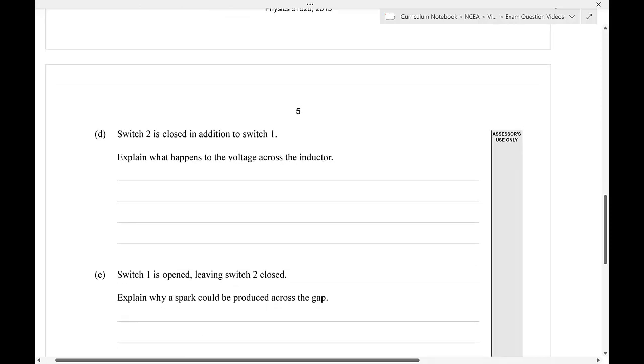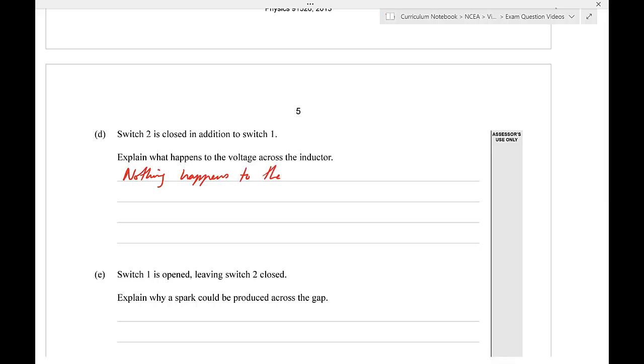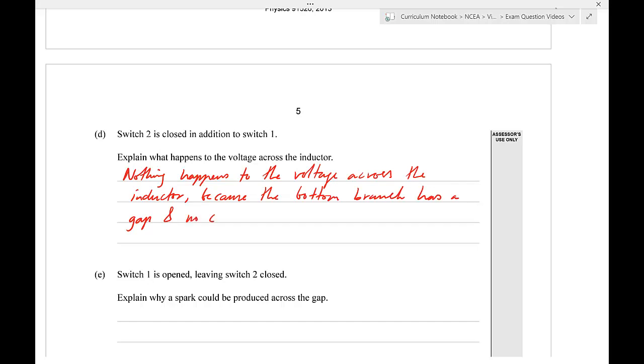So nothing happens to the voltage across the inductor, because the bottom branch has a gap, and no current will flow in this branch.